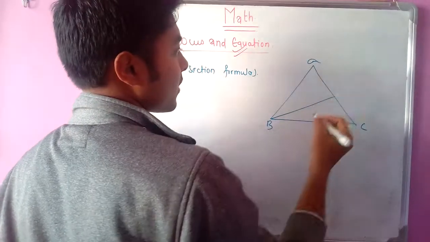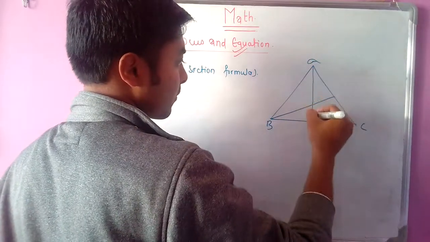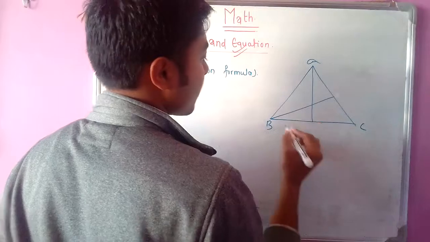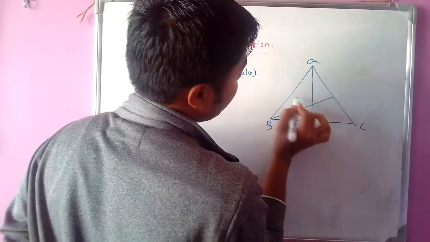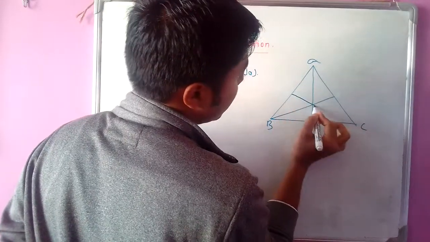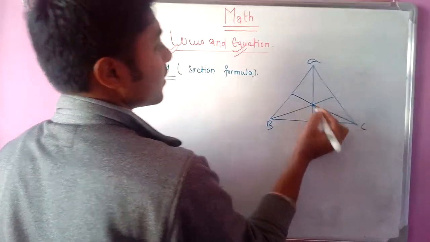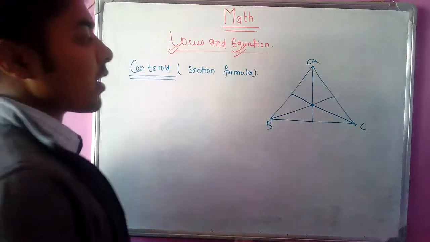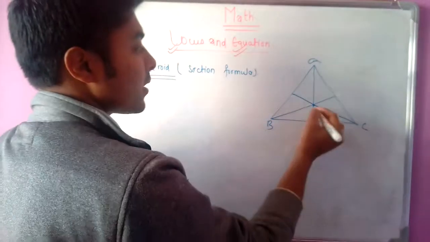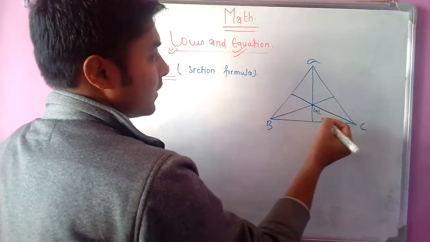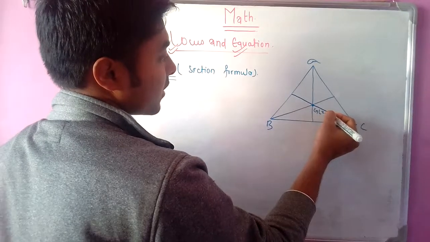Therefore, this is the median of AC, median of BC, and median of AB. The point where all the medians of a triangle meet is known as the centroid, and let it be x and y.